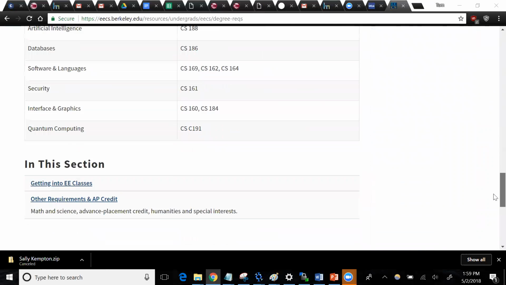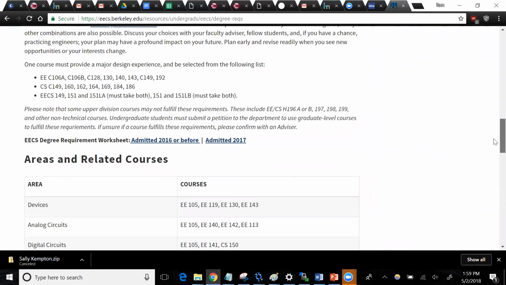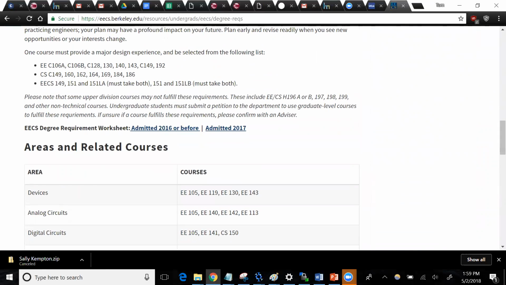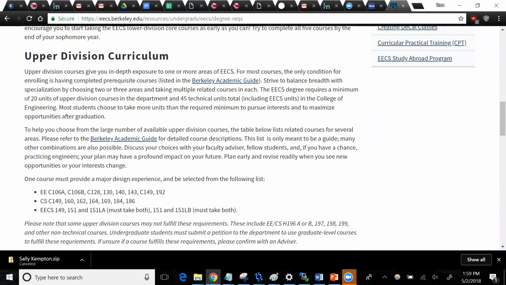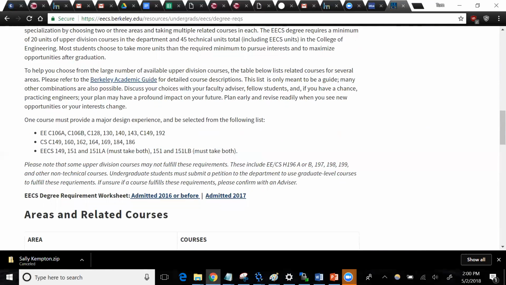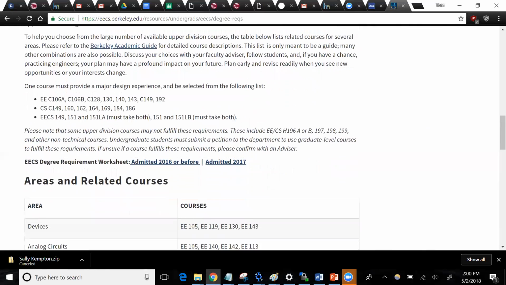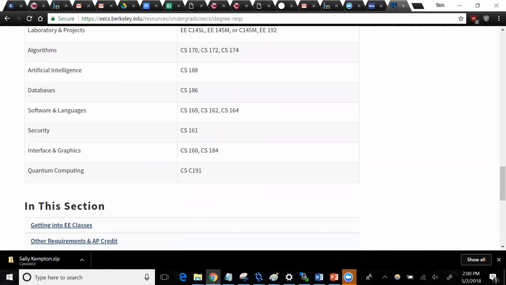It's annoying. So there are different areas that they focus on. One course must provide a major design experience and be selected from the following list. So these are the areas. You have a lot broader choice of emphasis, I guess.